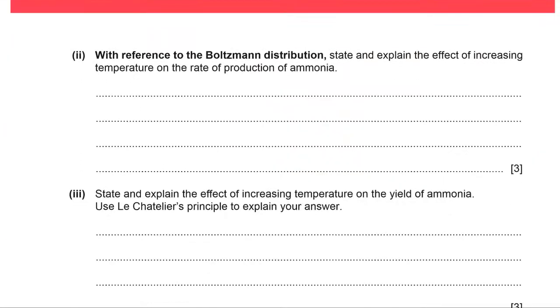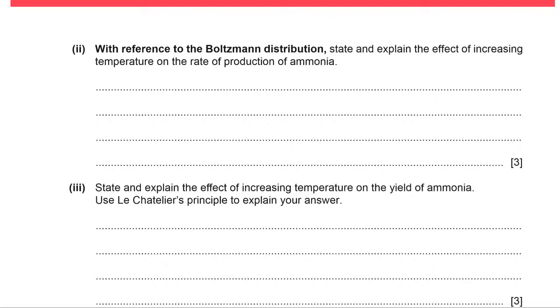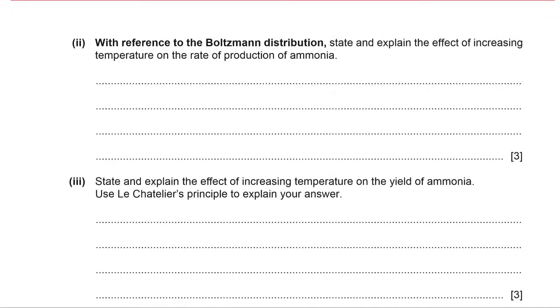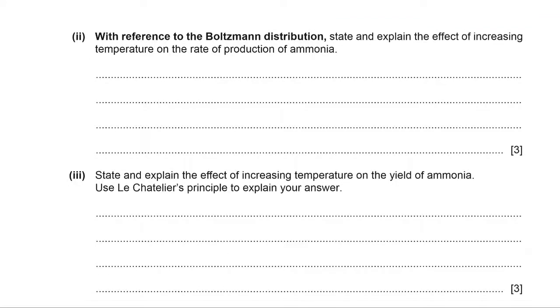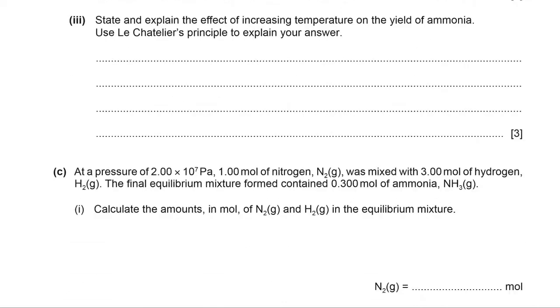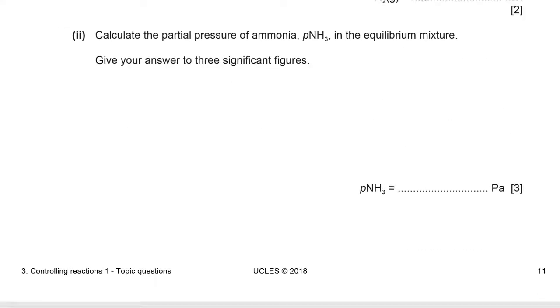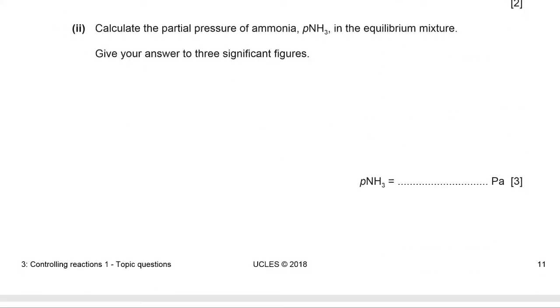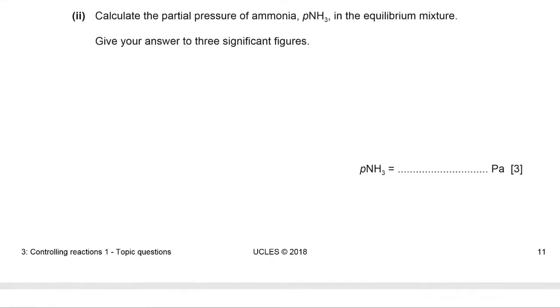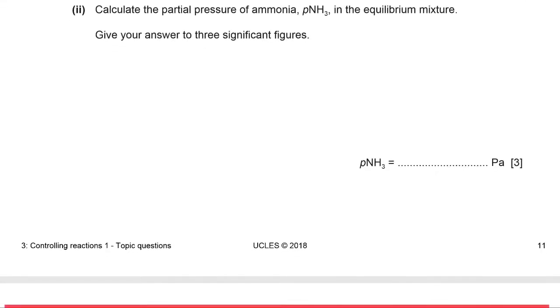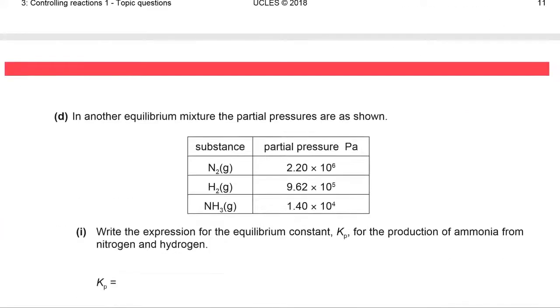Here, according to the Boltzmann distribution, you will explain why temperature affects the rate of reaction. Then you need to find the number of moles. You need to write the partial pressure by finding the mole fraction of ammonia, then multiply it by the total pressure.